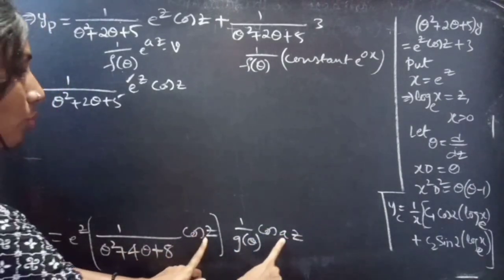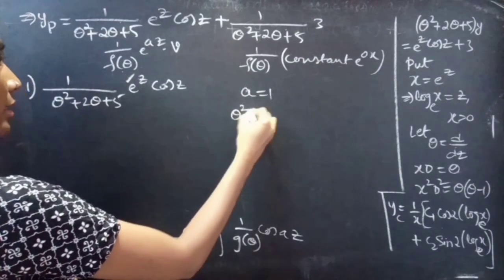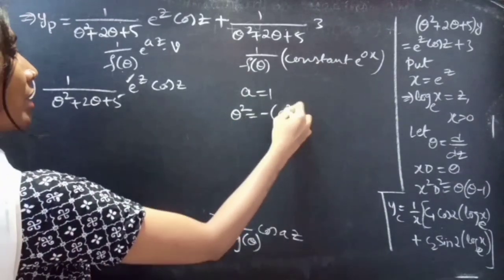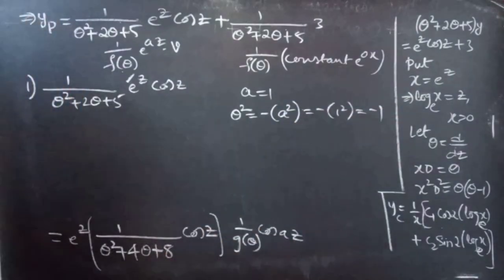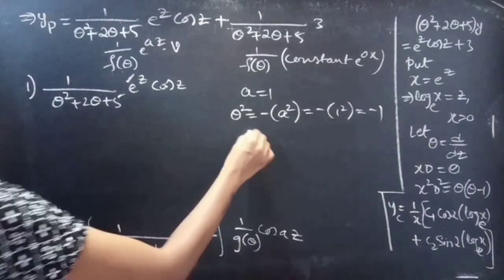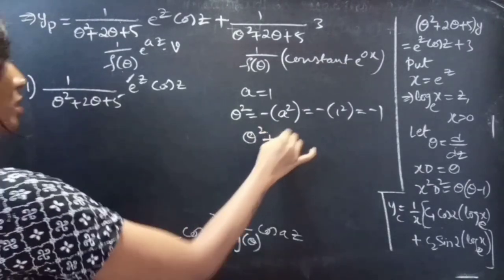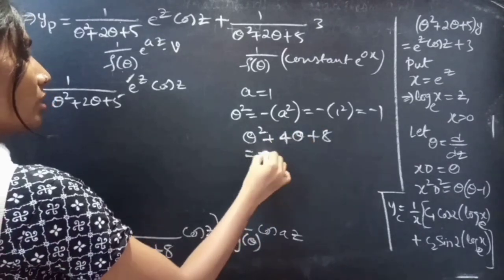Then for a equals 1, we'll find theta square, which is given by minus a square, equals minus 1 square, equals minus 1. Now, let's see what happens if we replace theta square by minus 1 in the denominator. The denominator must be non-zero. I'll take the denominator part, theta square plus 4 theta plus 8, and I'll replace theta square by minus 1.